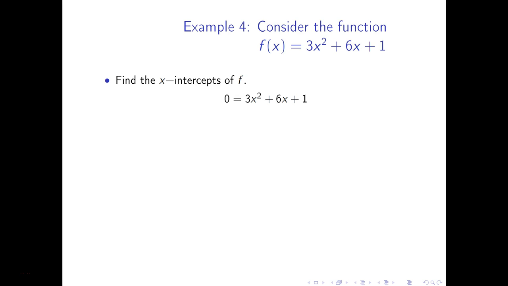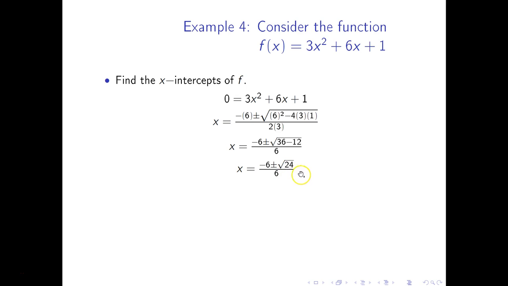Now to solve this, factoring isn't going to work. You're going to have to use the quadratic formula. So if I take the quadratic formula, I already talked about A being 3, B is 6, and C is 1. So we plug those in according to all the spots and then start chugging our numbers. Well, that's going to give me minus 6 plus or minus the square root of 36 minus 12, all that over 6.